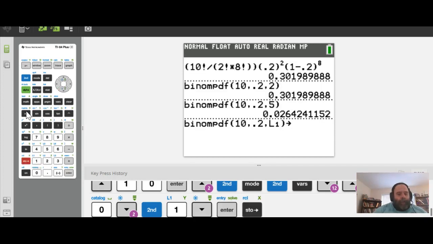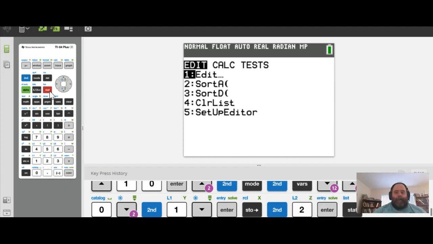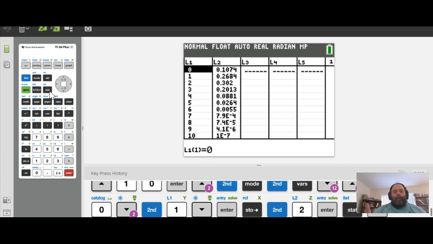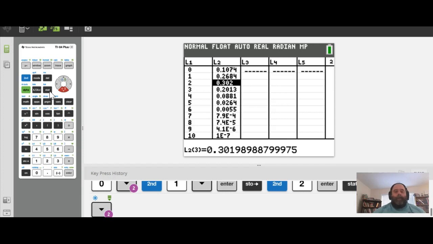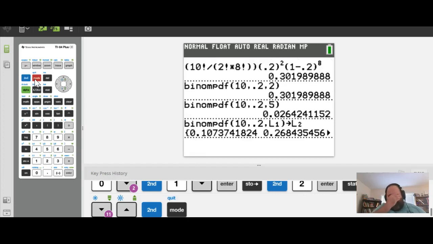I'll store that in L2. And boom, done. Go to stat, edit, and there's my whole chart: the probability of getting 0 correct, 1 correct, 2 correct, 3 correct, 4 correct, and so forth all the way down to 10. So I could make that whole chart for my problem. This is why the binomial PDF is really important.